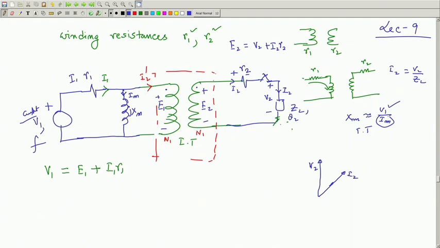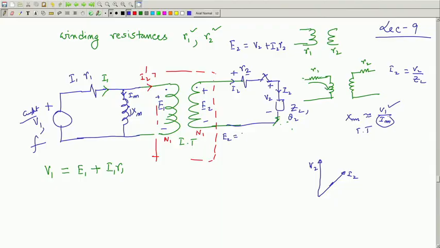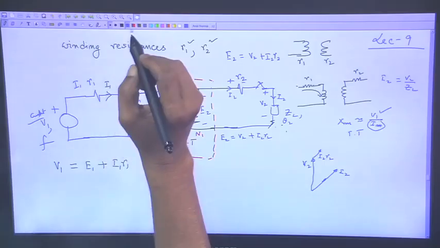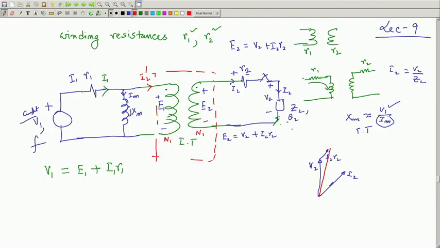The moment you know I 2, you can find out E 2, because E 2 is V 2 plus this drop. So, V 2 plus I 2 R 2 you draw. These lengths are small, and then you get this length to be E 2. I am simply repeating, because for the first time you are doing this.